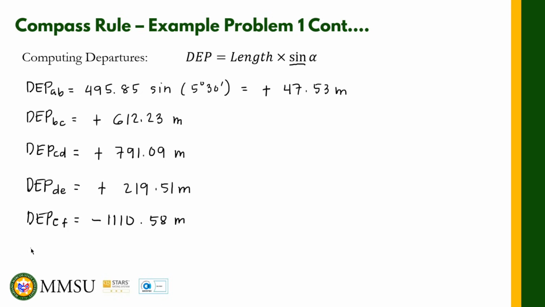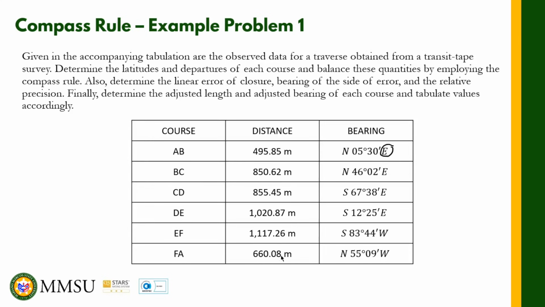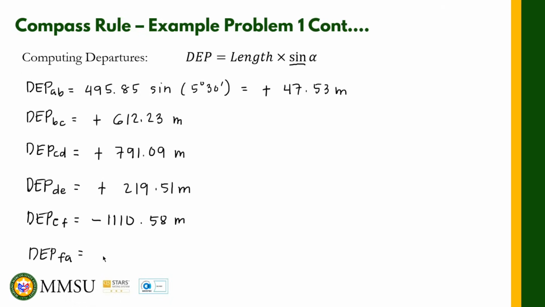And then finally, for the departure of FA, we have 660.08 multiplied by the sine of 55 degrees 09 minutes. This is west, so our answer should be negative. So we have negative 541.70 meters. And then we need to take the sum of the east departure.